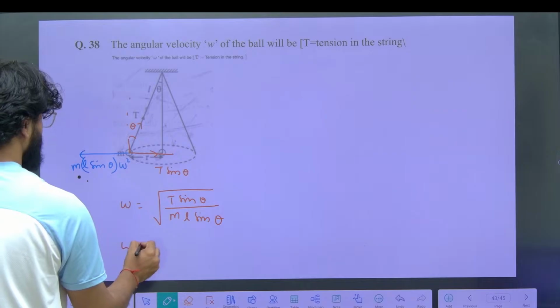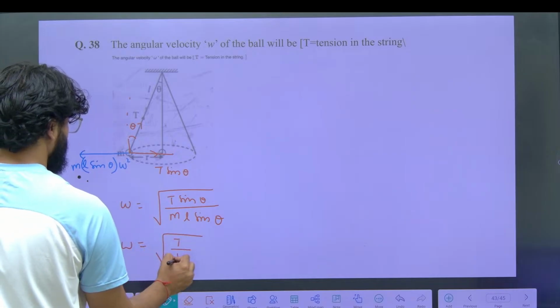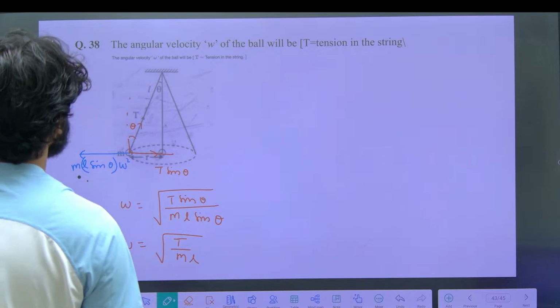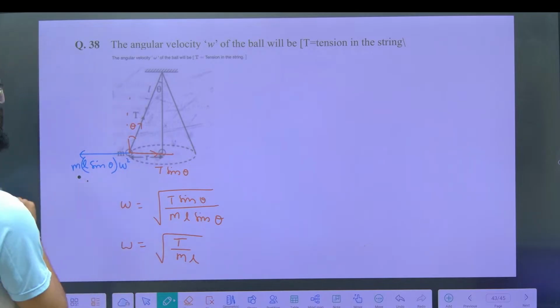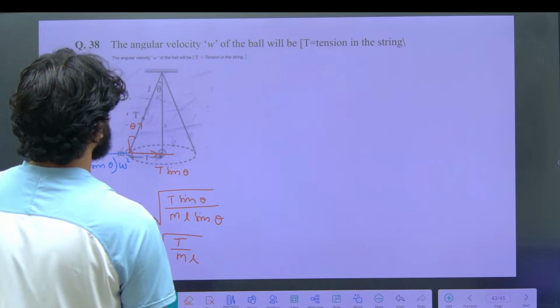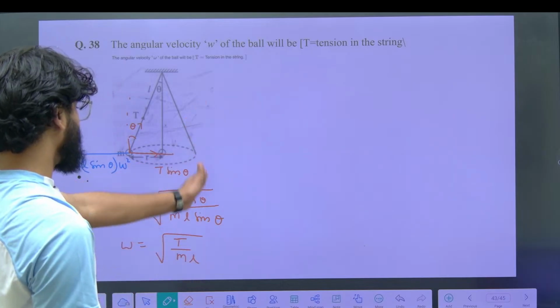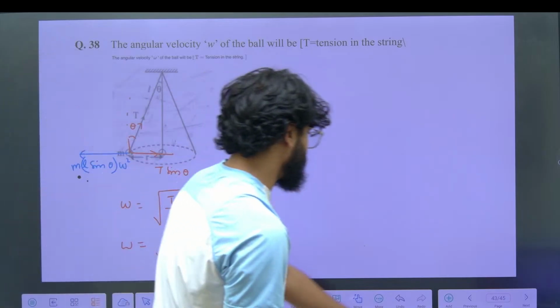So omega will be just simply T upon ml. Okay, correct. We can also write, just let me check whether options are given on this. Correct. So they are designed to ask like this only, है ना? ठीक.